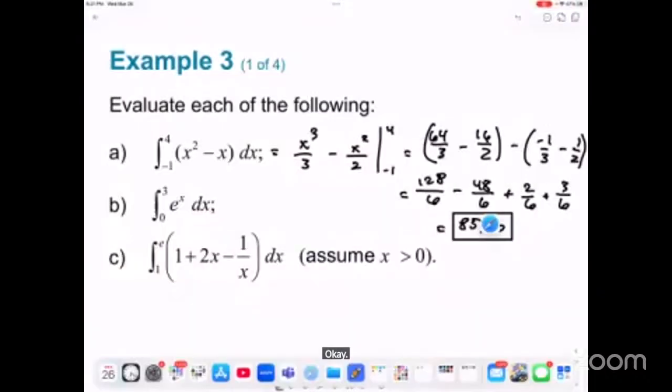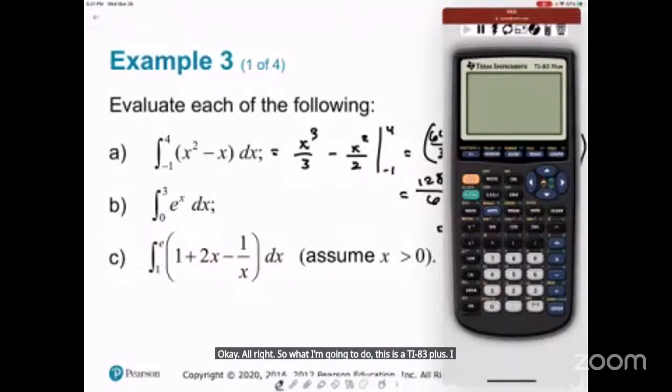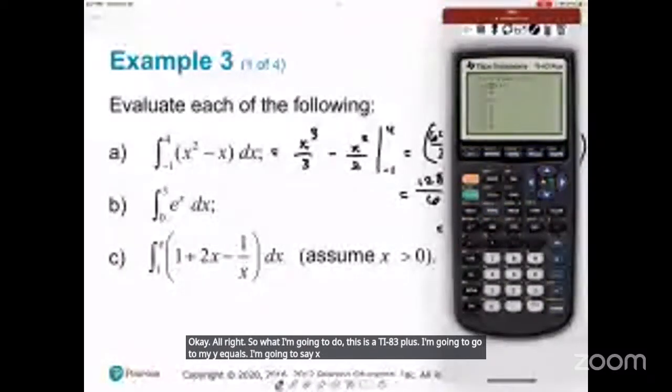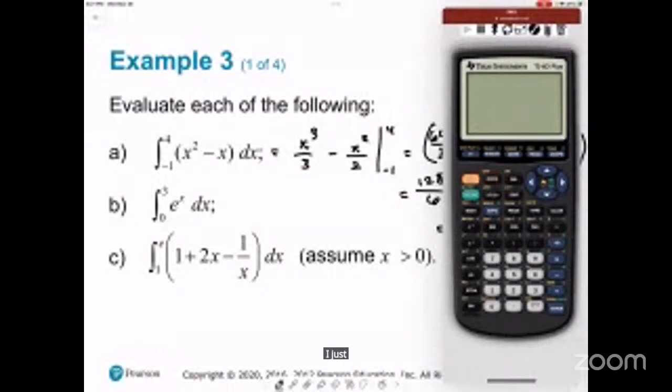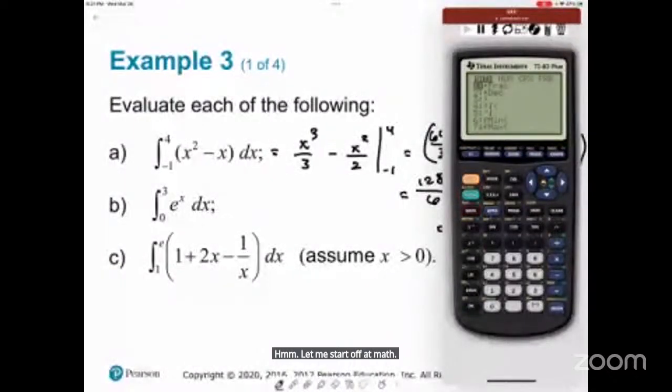All right. So what I'm going to do, this is a TI-83 plus. I'm going to go to my y equals. I'm going to say x squared minus x. Now, I think we can do this just because we're evaluating a definite integral. I just got to see if I can remember how to do it. Let me start off at math. Derivative. Okay.